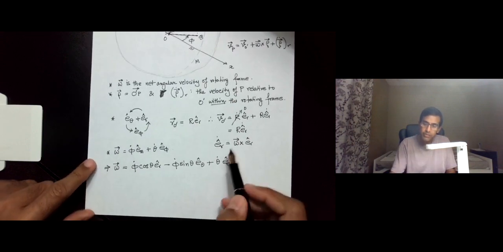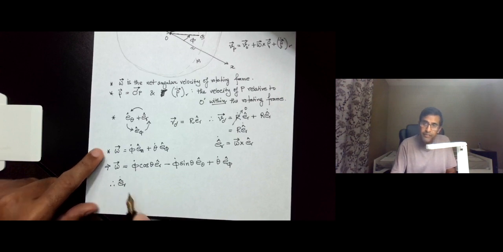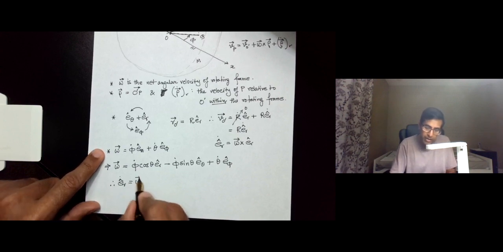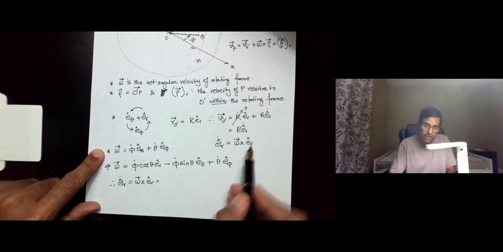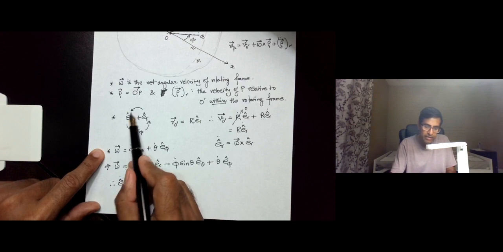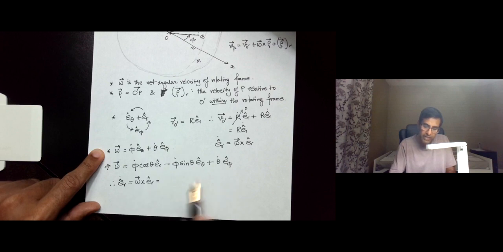Next, what we do is we need to calculate this ER dot. So therefore ER dot is equal to omega cross ER, so I need to do omega cross ER. So ER cross ER is 0, of course. E theta cross ER, if you see, is going to go in the opposite direction, so we'll have negative E phi.